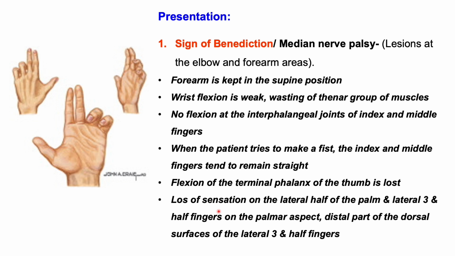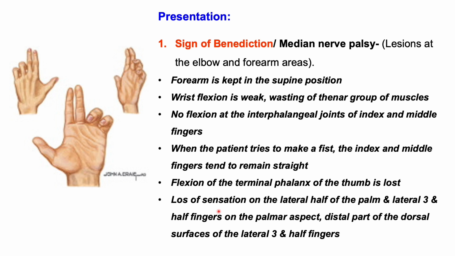So that's why the thenar muscles won't be affected, because the thenar group of muscles get their branches directly from the median nerve, where the median nerve passes deep to the flexor retinaculum within the carpal tunnel. So the thenar muscles are unaffected, but there will be paresis, that is weakness, of the flexor digitorum profundus and flexor pollicis longus, which get their branches from the anterior interosseous nerve.